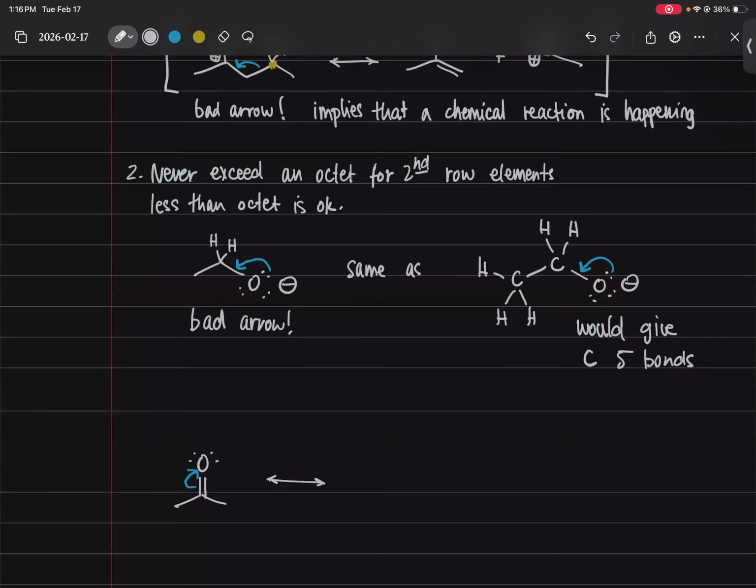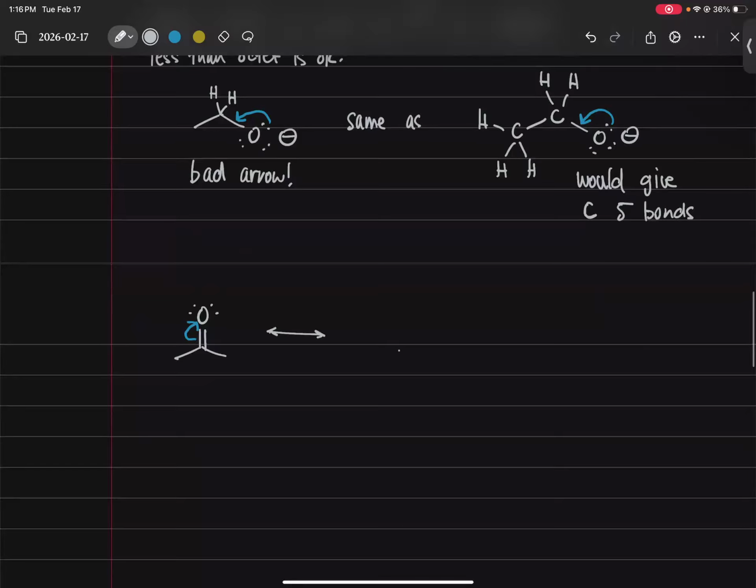So the best way to see that is to draw the product of that. The product looks like this. So we haven't broken a single bond and we have not exceeded an octet. Let's count. The carbon here has 6 valence electrons. It has less than an octet, and that's okay.